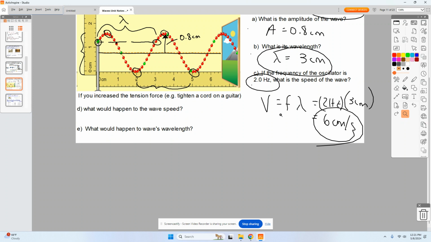It will definitely increase. Thank you, Veronica. You are not alone on that. A lot of people are saying the speed will increase. And the reason that it does is because the restoring force is bigger. F is bigger.